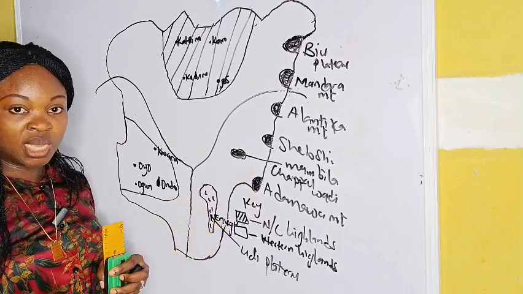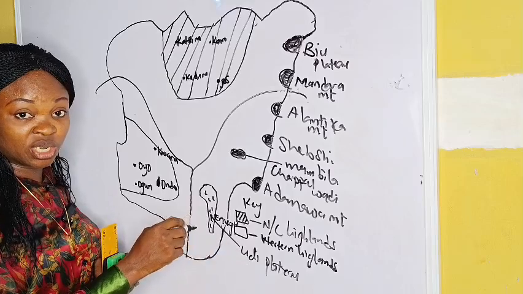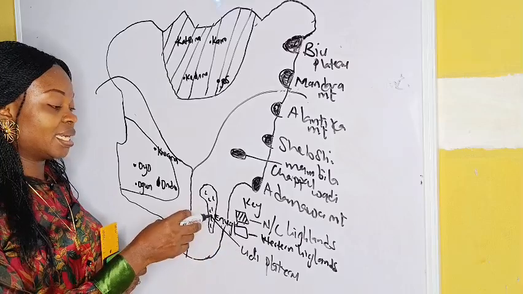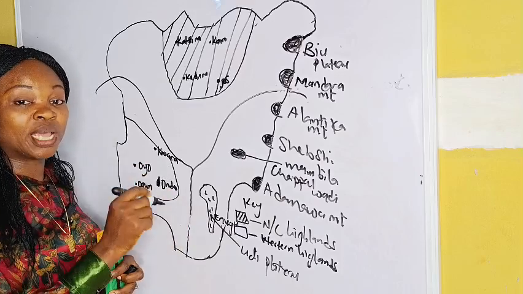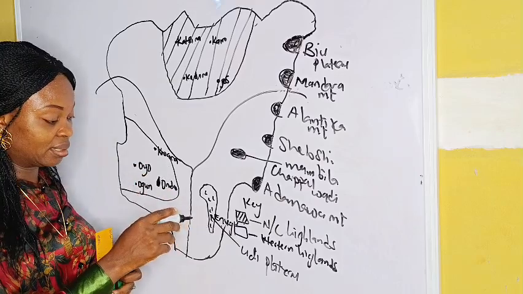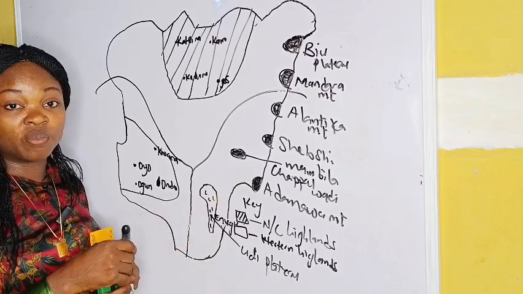It is found in Enugu State. This is the prominent highland in this region. The height of this plateau is around 300 to 900 meters. That's all we're going to talk about for this Eastern Scarpland.